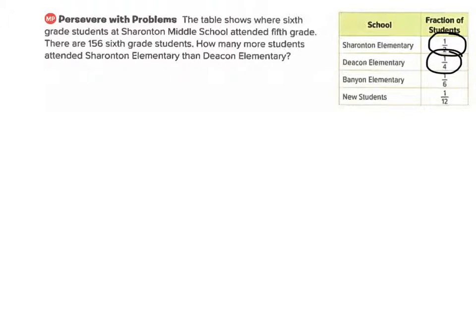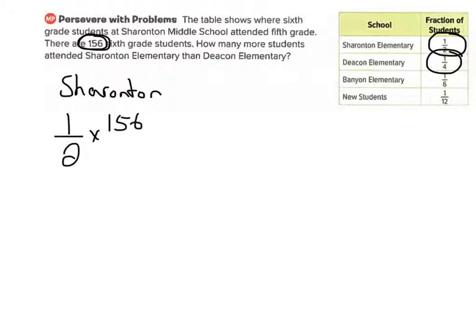But that doesn't tell me how many actual students went there. For Sharonton, half of the students came from Sharonton Elementary. Well, half of what? Half of the 156 total students. So I really want to do 1/2 times 156.